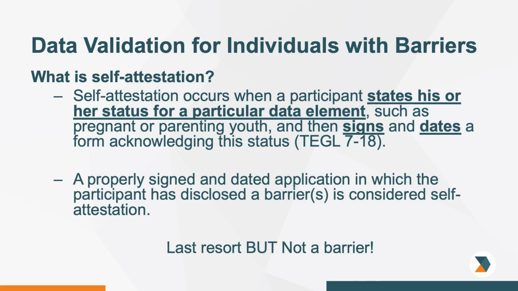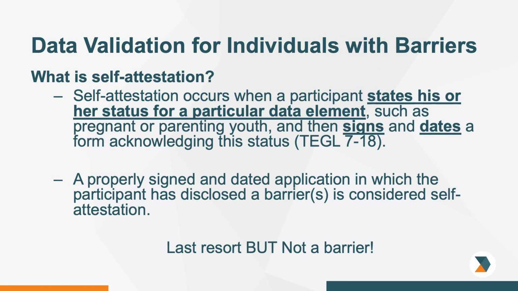So how ETA sees self-attestation for those barriers that you are going to use for eligibility and priority of service, for those data elements where it is allowed, self-attestation should be your last resort. But they say that the lack of documentation should never be a barrier for someone to access our services.